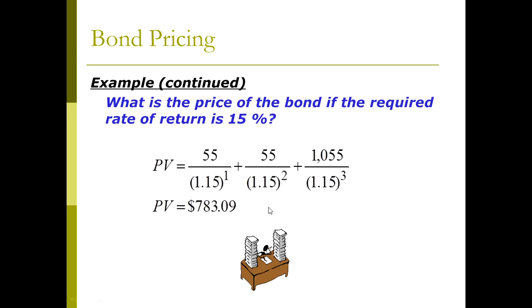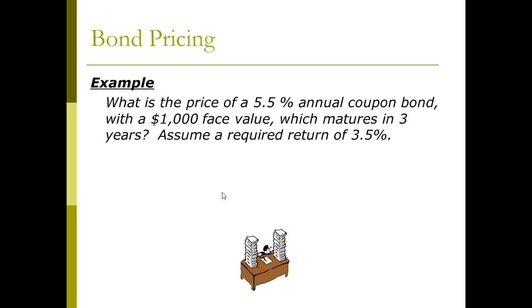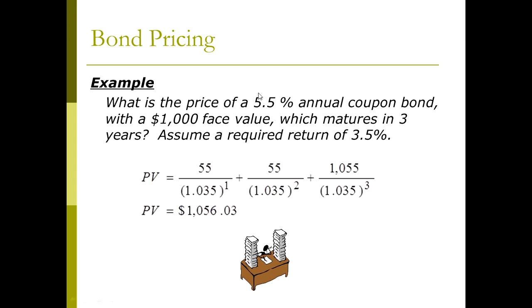Well, the reason is, first of all, there is an inverse relationship between the present value and the discount rates. It's obvious from the formula. But if you want to understand the logic behind it, we go back to the first example. When you buy a bond, the bond pays you a 5.5% coupon rate, which is higher than your required rate of return, 3.5%. Which means if you do not buy this bond, you can only get 3.5% return from some other investments.